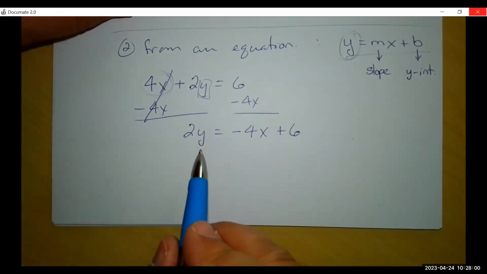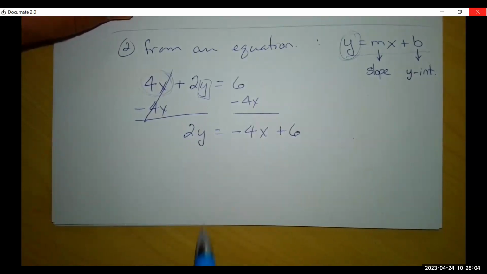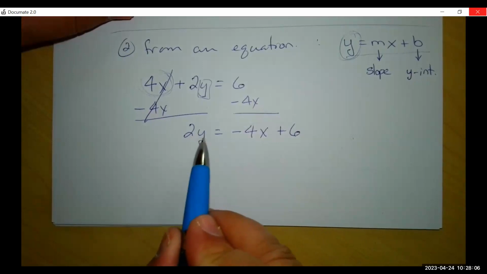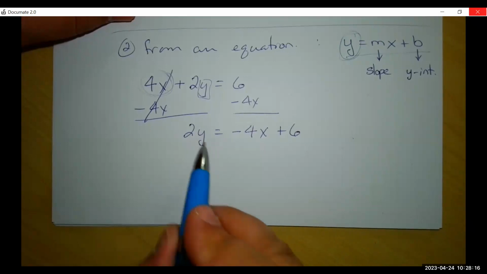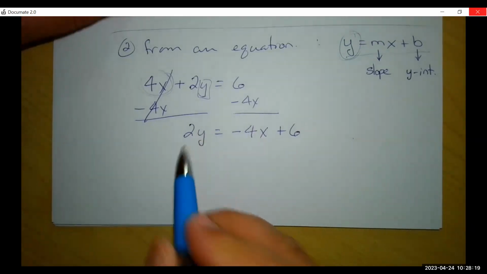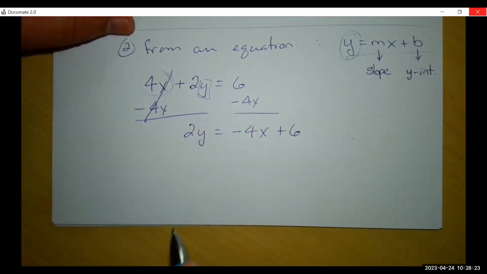Now you want to get y by itself. So you have to get rid of the 2. How? How is 2 connected to the y? It's multiplied, yeah. Because there's no sign between there, so it has to be multiplication. So what's the opposite of multiplication?